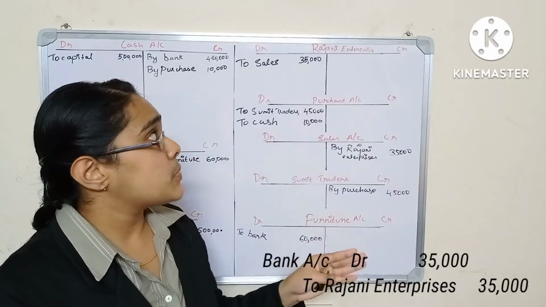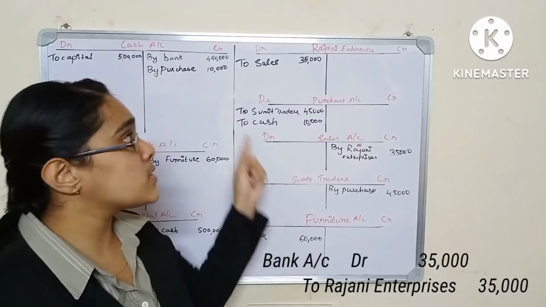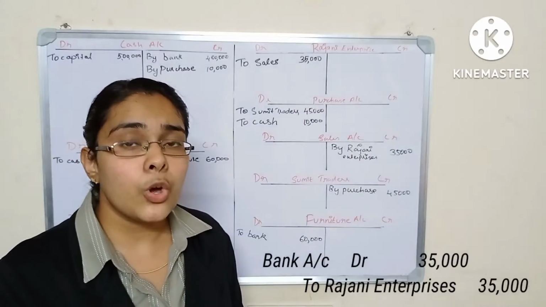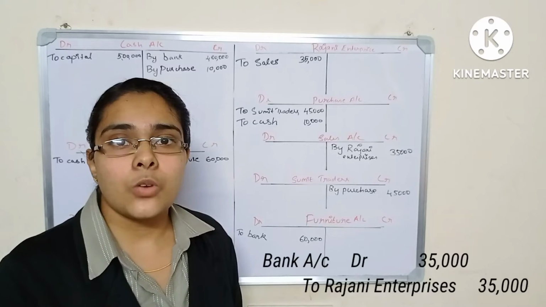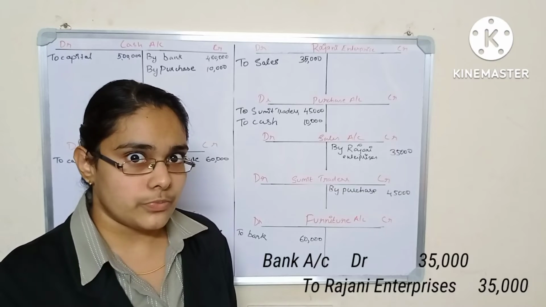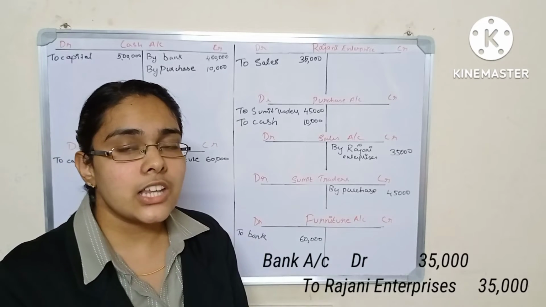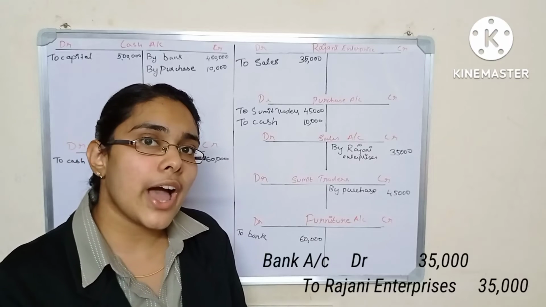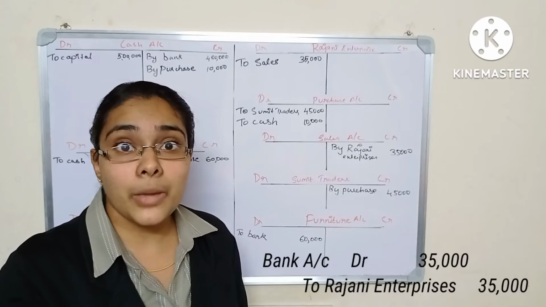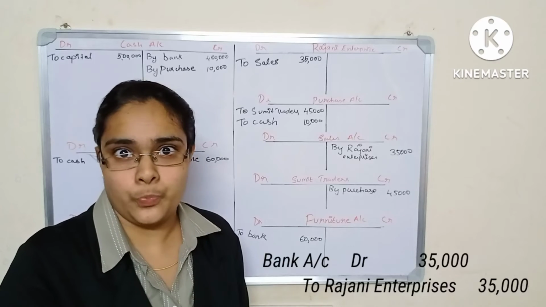This Rajani Enterprise is going to close their debt, so the account which was debited earlier should be cancelled. For that, what will you do? You will pass the reverse entry. So you will credit the Rajani Enterprise account. And instead of that, what is coming into your hand? Cash is coming in, but not in its original form. They have issued a check for you, right?